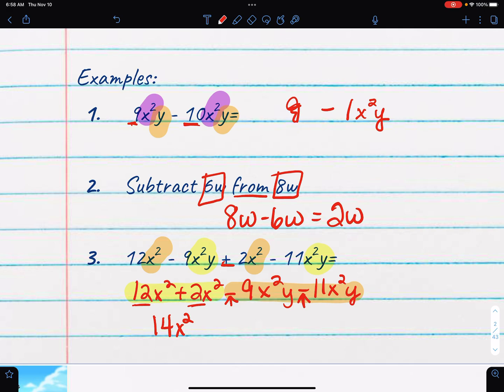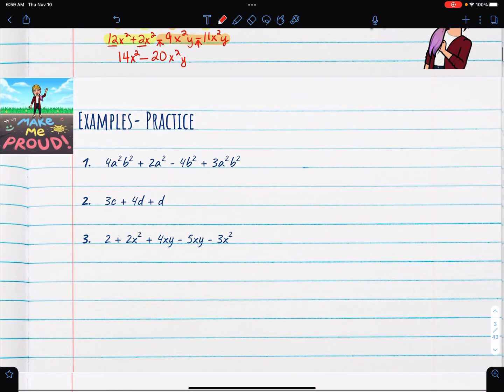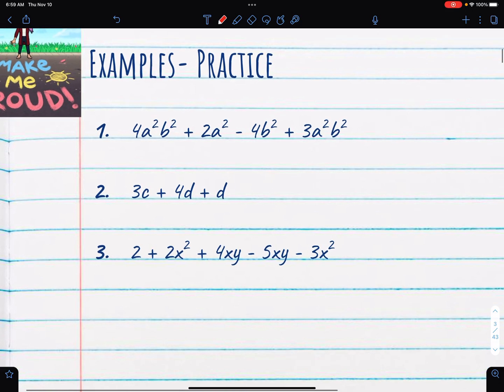Well, since they're the same sign, it's going to stay a negative, which is minus 20, and it keeps the variable. So those are combining like terms. That goes along with this so that we know how to practice. So at this point, I want you guys to try these on your desk and see how you do with combining like terms. I'm going to hit pause, and then we'll come back and review.